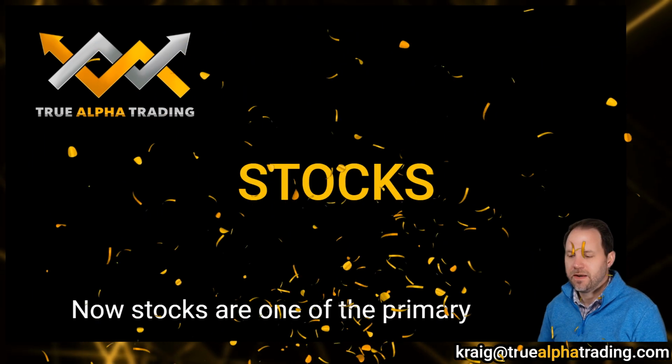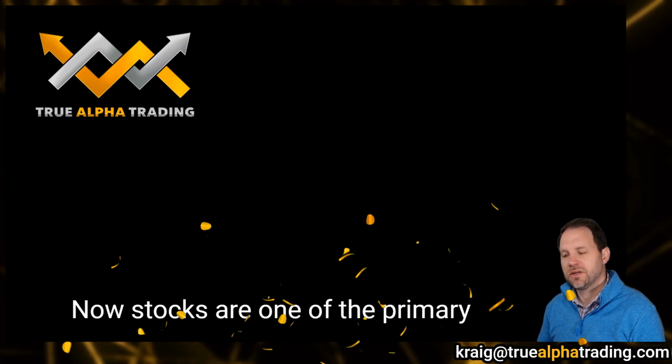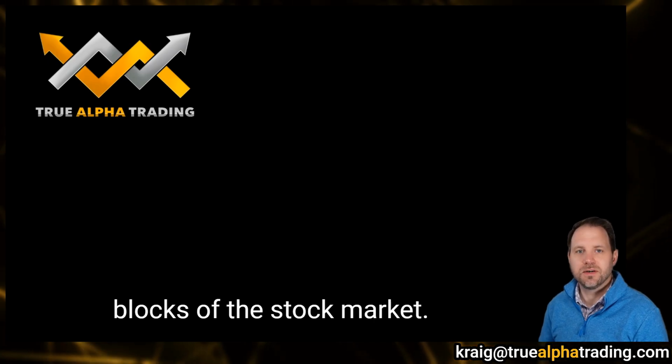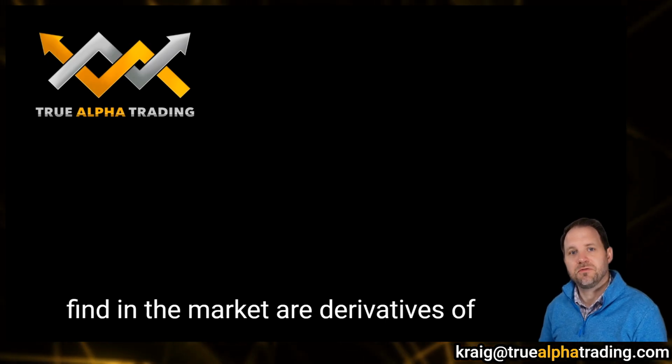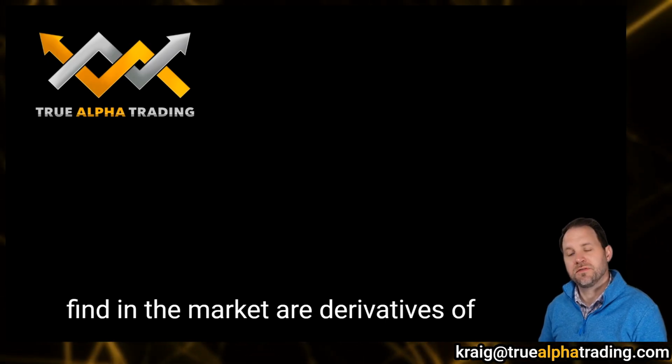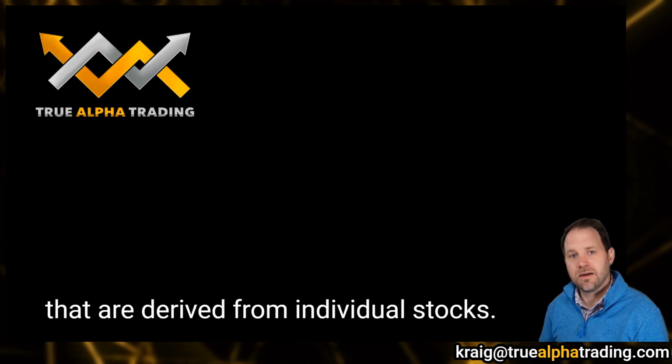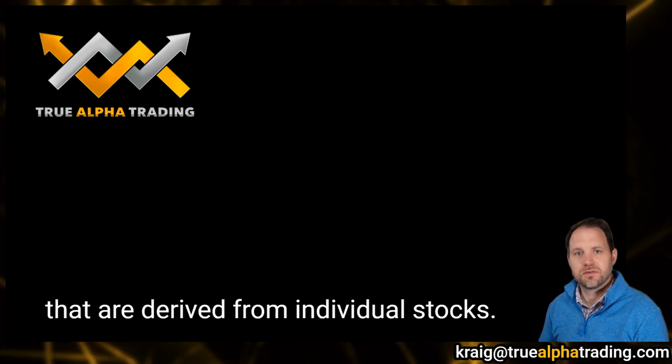Stocks are one of the primary, fundamental building blocks of the stock market. Most of the other products that you'll find in the market are derivatives of stocks, meaning that they are products derived from individual stocks.